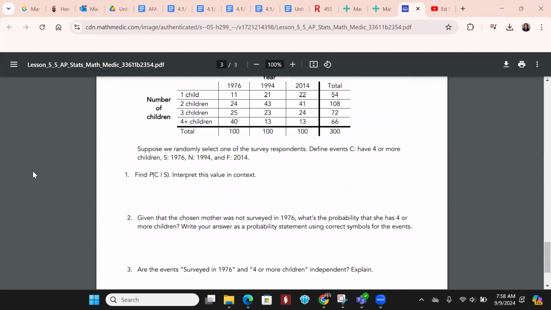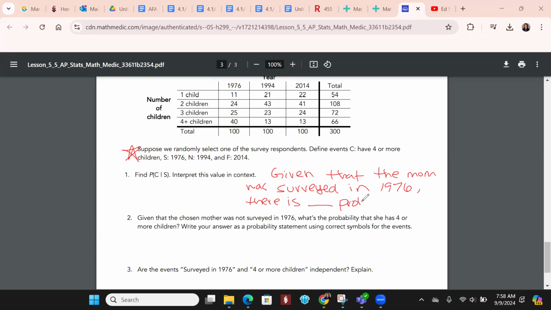So when we interpret, we're going to say given that the mom was surveyed in what year, we're about to find the probability she had how many children? 4 plus children.